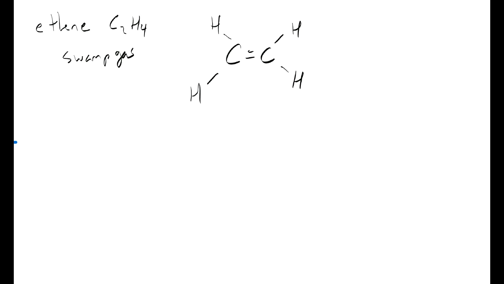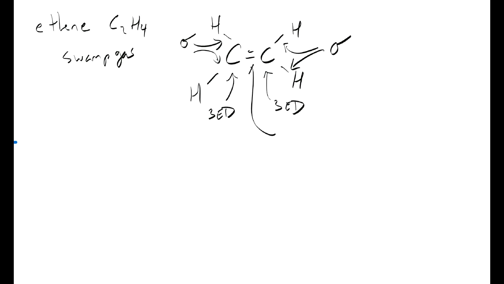This carbon on the right has 3 electron domains, so he has a trigonal planar geometry, and this carbon over here likewise has 3 electron domains, so a trigonal planar geometry. So the carbon-hydrogen bonds are sigmas. That's true on both sides. But this bond in the middle, that double bond, is 1 sigma and 1 pi. A sigma bond and a pi bond.